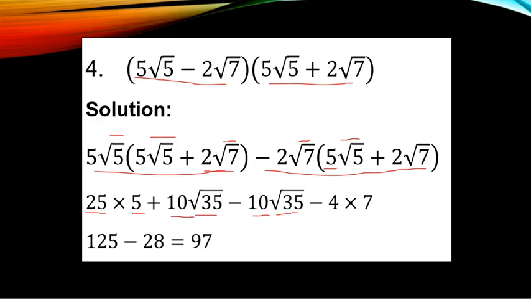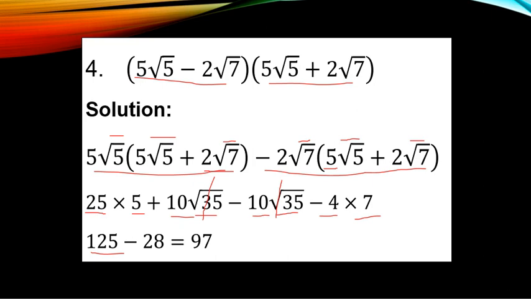Minus times plus 2 is minus 4. Root 7 times root 7 is root 49, and that is 7. Okay, 25 times 5 is 125 plus 10 root 35 minus 10 root 35 is 0. So you are saying plus 1 minus 1.